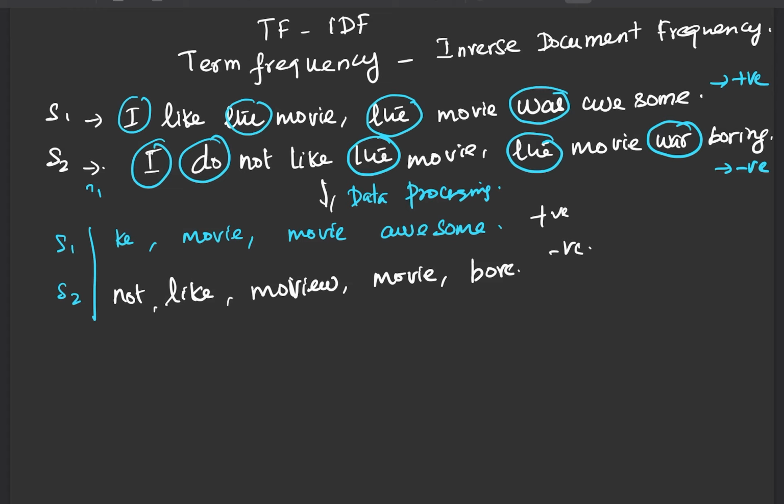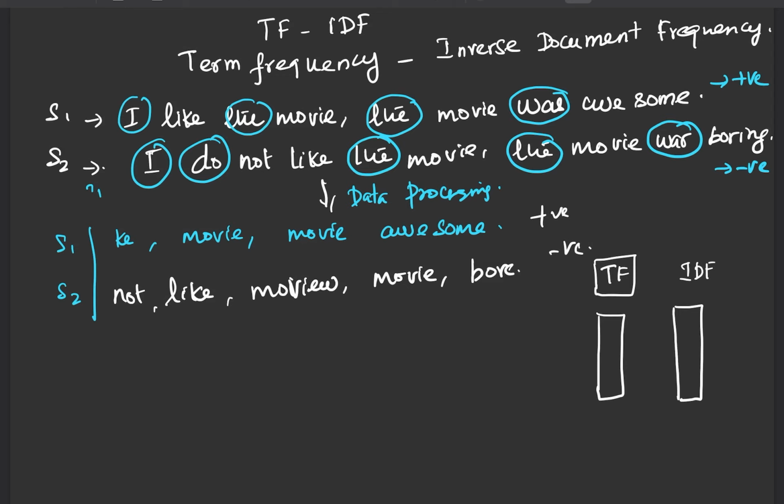Then there is another method to calculate, which is IDF, inverse document frequency. Term frequency is locally searching inside a document to see how relevant the word is inside the document. IDF is searching across all the documents, seeing how many times the word appeared across the documents, and taking the inverse of that frequency.